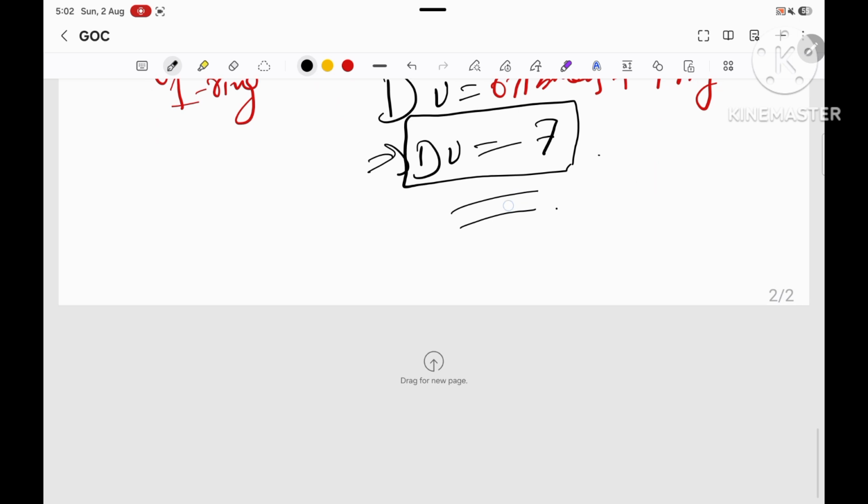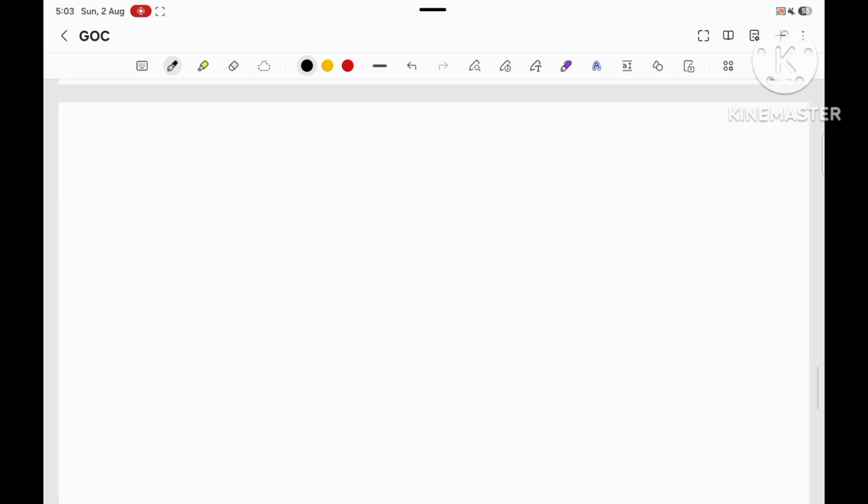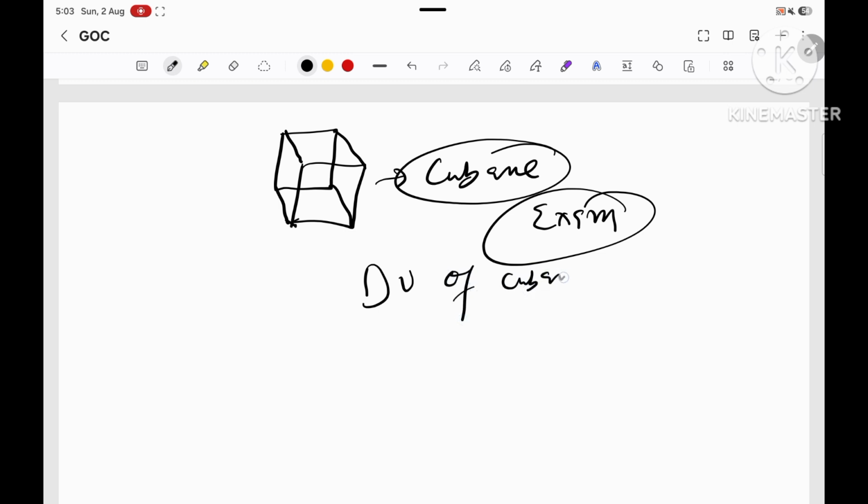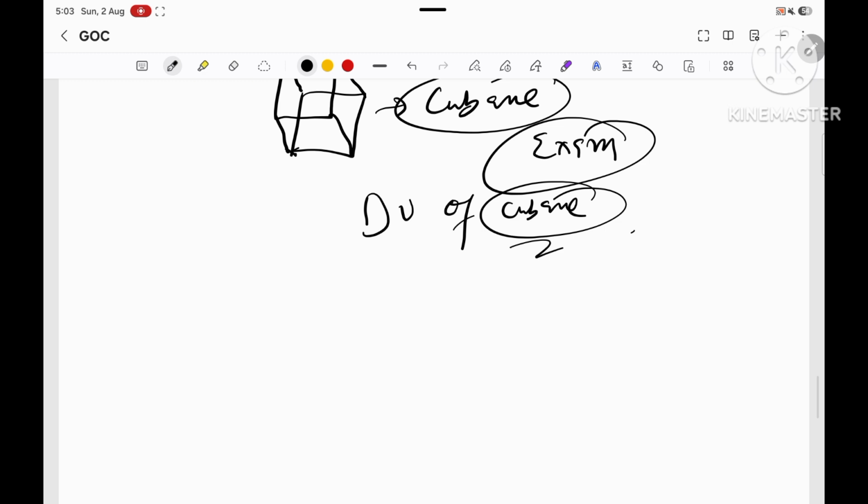Now there are also other examples, like when we make a cube. In organic chemistry we call it cubane, and it is asked in the exam what the DU of cubane is. You have to calculate this. In this we have a trick. What is that trick?